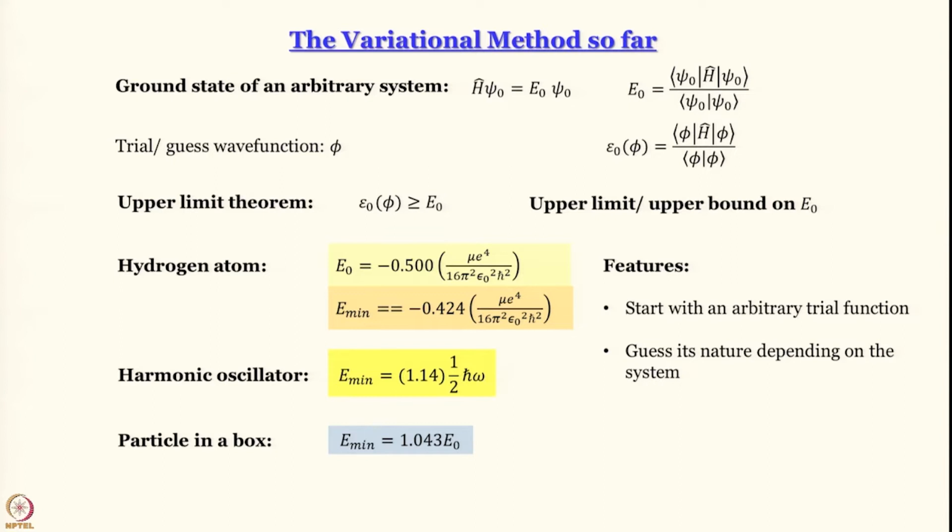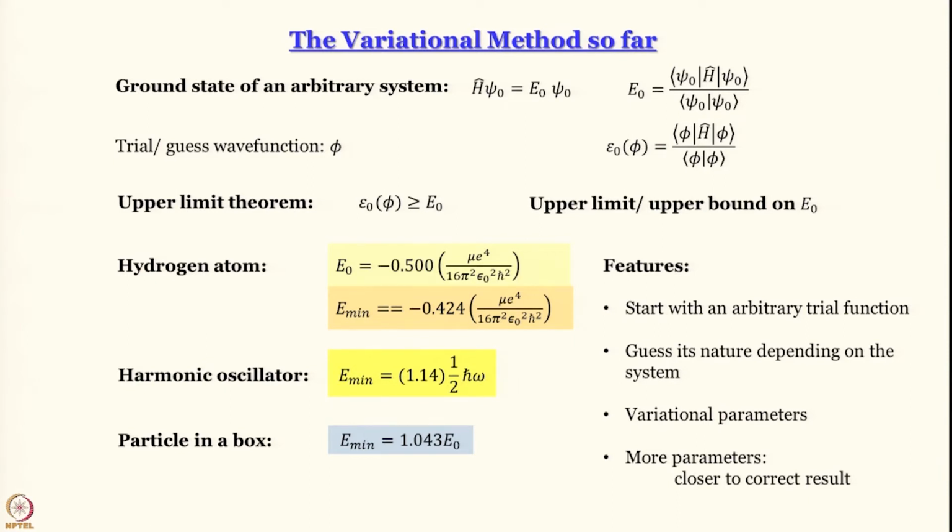So, we have to guess the nature depending on the system, and this trial function has to be associated with variational parameters, meaning parameters that we can vary and see how that variation affects the energy of the system, and for which value of this parameter or parameters we get the minimum value of energy. Okay. So, the more parameters we use, and this is something that we will demonstrate today, we will get closer to the correct result.